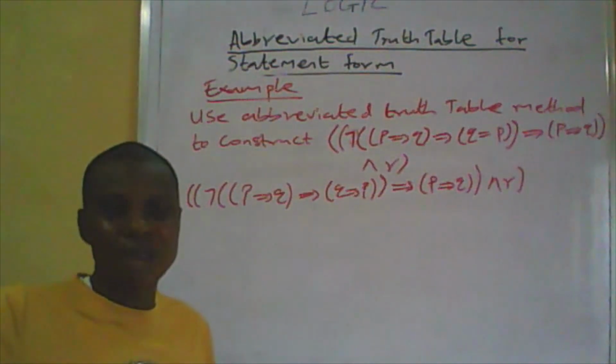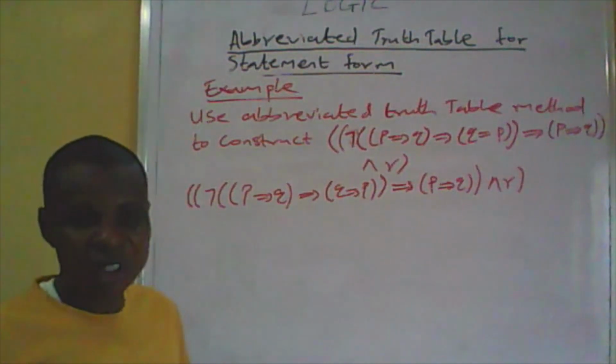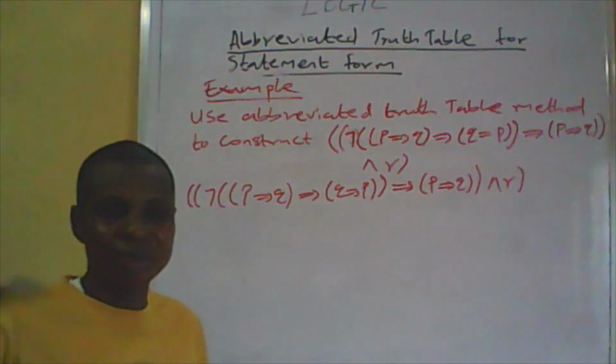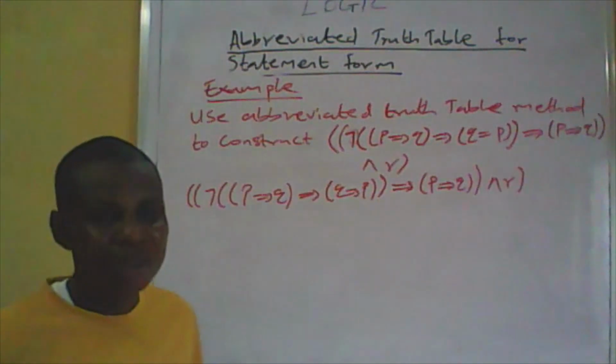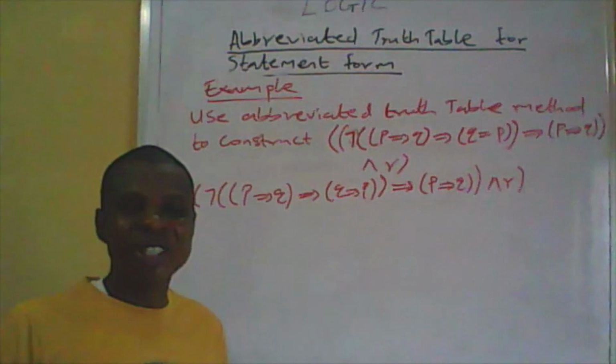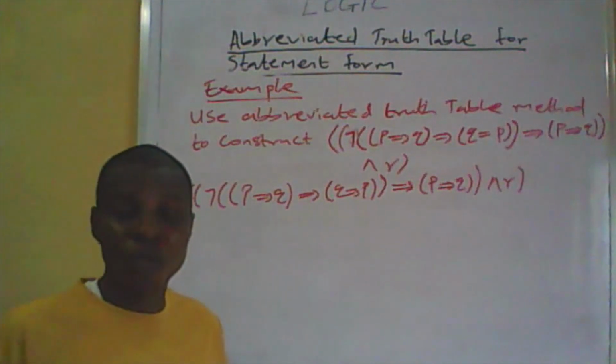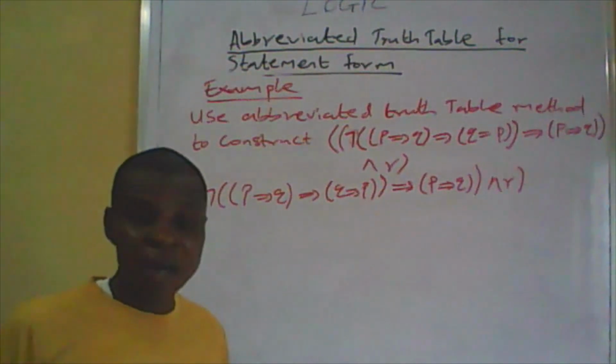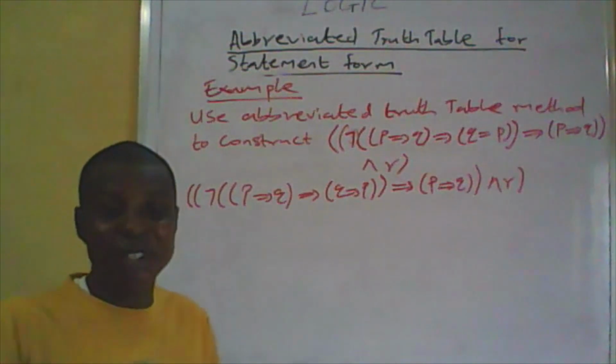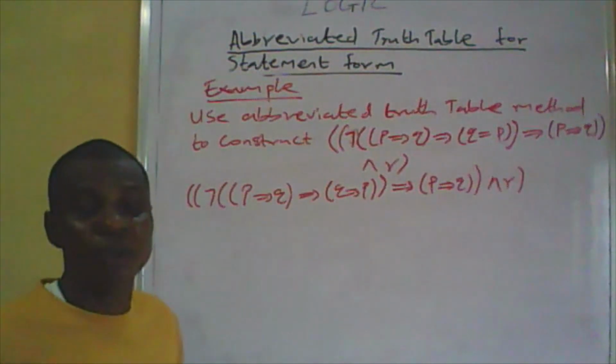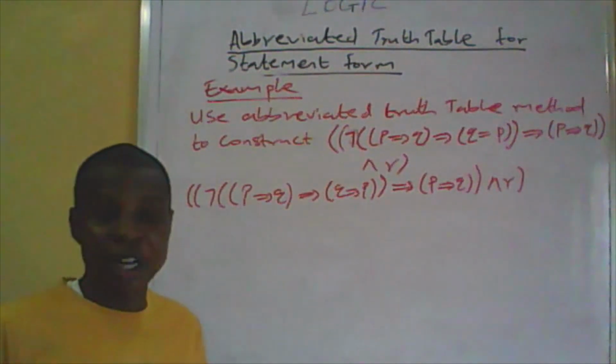And then 1000, 1001, 1010, 1011, 1100, and so on. These are the numbers that involve 0 and 1. But we're going to stop at 8 because we're going to have only 8 possible combinations.